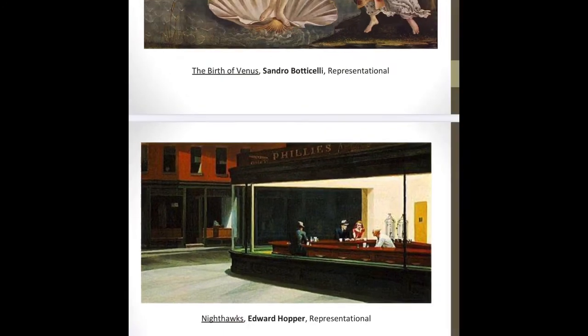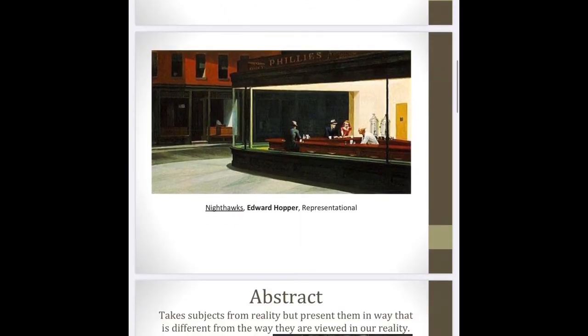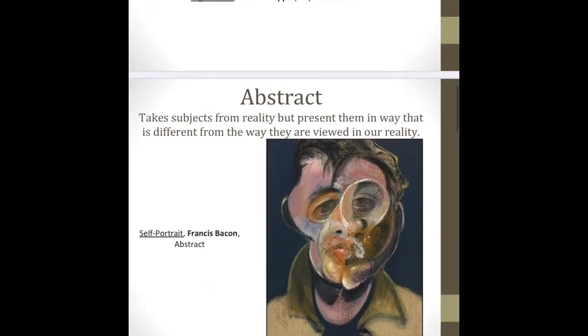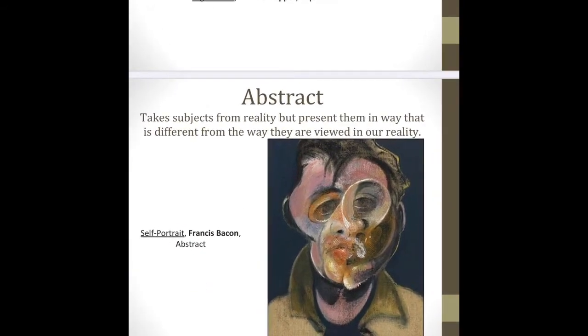So that is the art you're most likely to have a pretty good idea and grasp on. When we move down to abstract, this is where things become confusing, and a lot of students and people in general get the term abstract confused with non-objective. So abstract art is art that still has recognizable subject matter.